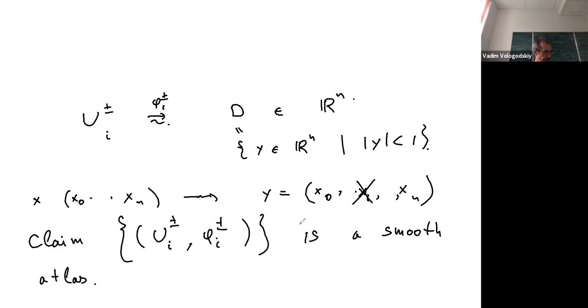Now, this is one way to construct smooth structures. Let me give you another example. An important example: the Grassmann variety, or Grassmann manifold. We fix some integers n and m.